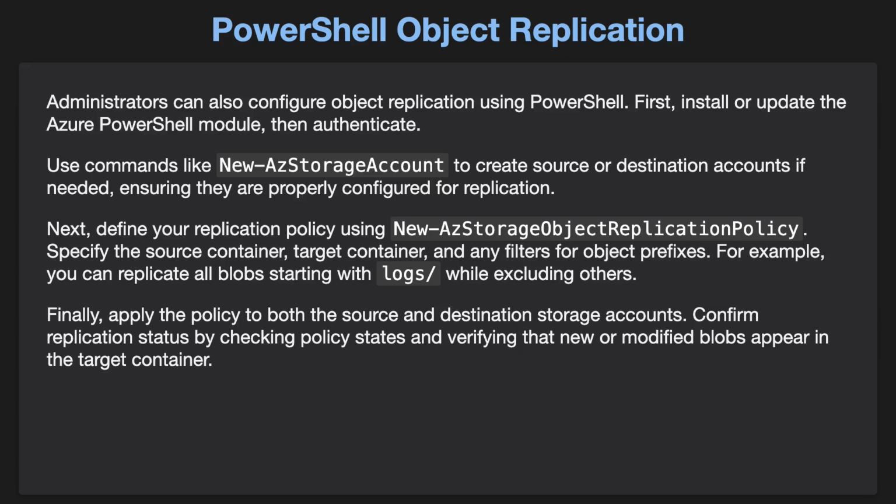Specify the source container, target container, and any filters for object prefixes. For example, you can replicate all blobs starting with log/ while excluding others. Finally, apply the policy to both the source and destination storage accounts. Confirm replication status by checking policy states and verifying that new or modified blobs appear in the target container.